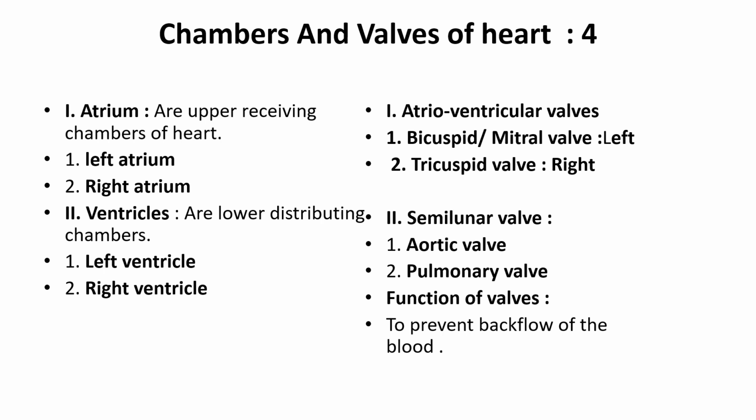The atrioventricular valve on the left side, between the left ventricle and left atrium, is bicuspid, that is, it has two cusps, and it is also called the mitral valve. On the right side it is the tricuspid valve. Semilunar valves are between the heart and the great vessels: the aortic valve and the pulmonary valve. The function of the valves is to prevent backflow of blood and to carry unidirectional blood flow.